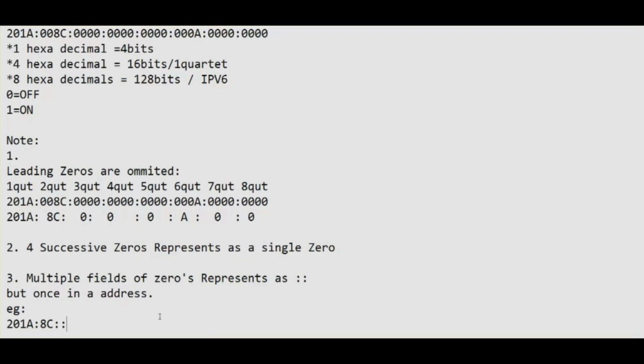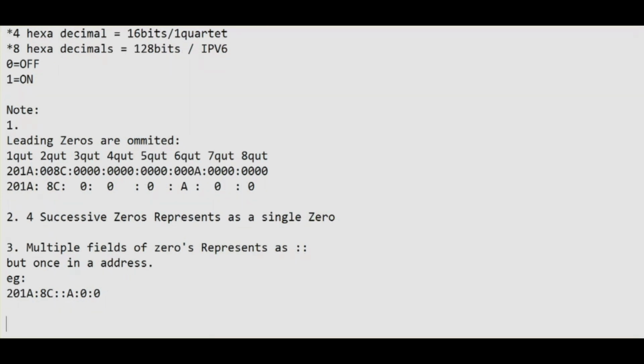Then my sixth quartet A, my seventh quartet 0 and my eighth quartet 0. So why am I not writing a double colon here? Because as I mentioned, multiple fields of zeros are represented as a double colon, but only once in an address. Here we already used a double colon. After the sixth quartet, again we have multiple zeros, but we cannot mention that as per the note. Clear, right?